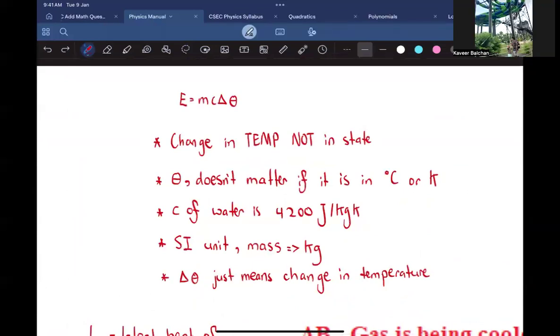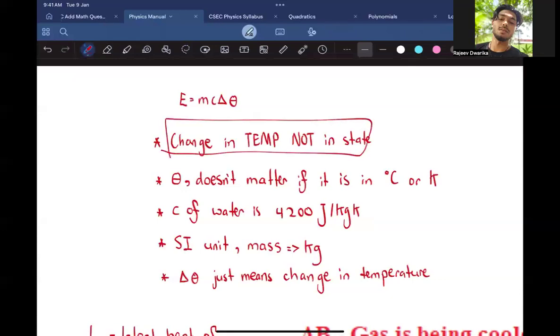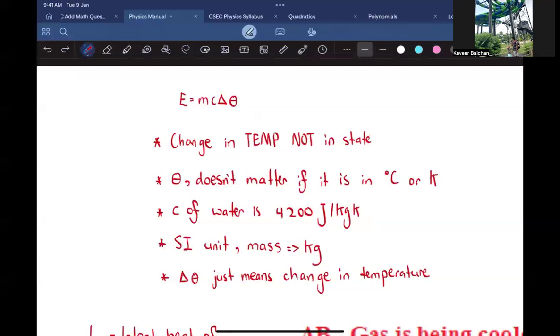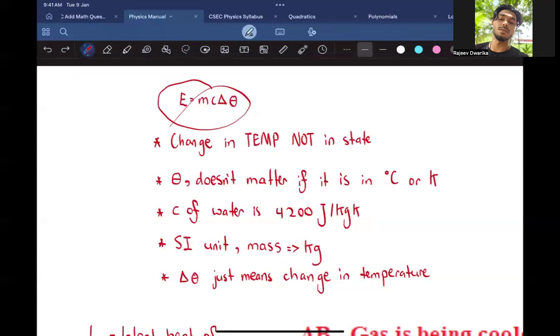The change in temperature, not in state. Right. So to use this formula, there must be a change in temperature, not in state. So if you have a change in state, you're staying far away from this formula, right? Very far.